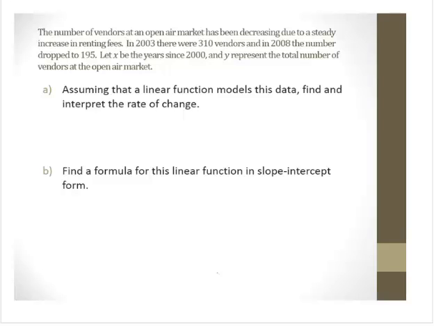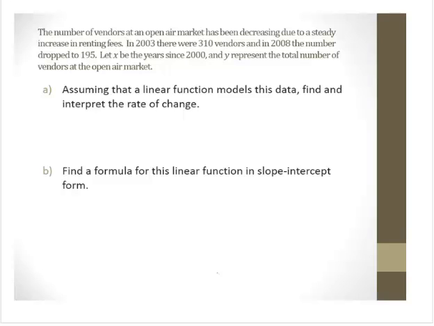All right, we'll end off the section with an application. We're told that the number of vendors at an open-air market has been decreasing due to a steady increase in renting fees. In 2003, there were 310 vendors, and in 2008, the number dropped to 195. Let x be the years since 2000, and y represent the total number of vendors in the market.